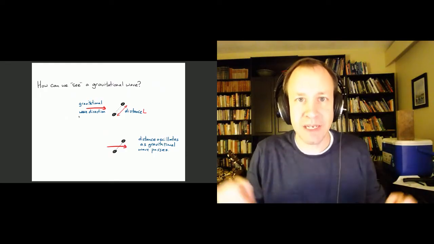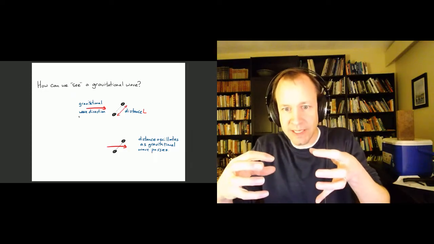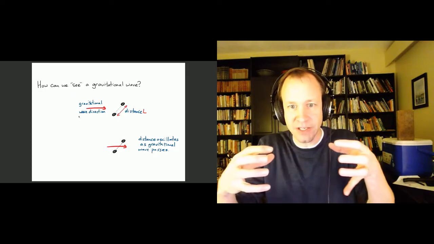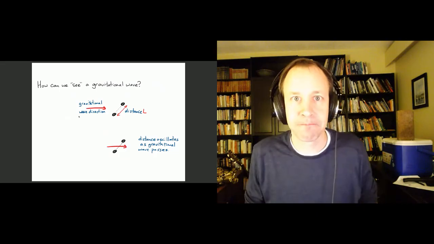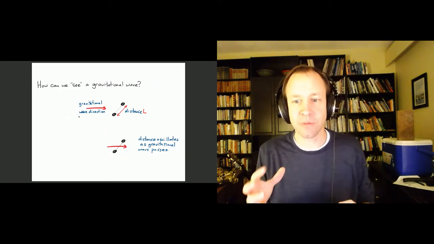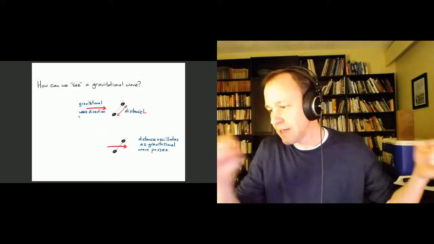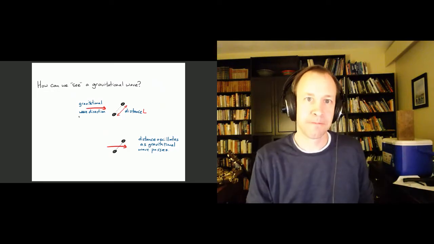And it wouldn't be because the objects are moving. It would be because the space in between them is actually contracting and stretching and contracting and stretching. So the way to detect the passage of a gravitational wave is to look for these oscillations in the distance between stationary objects.